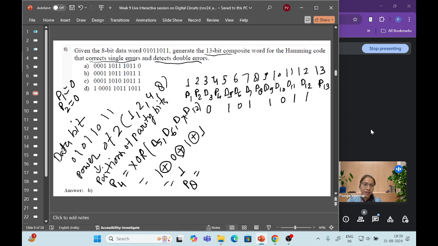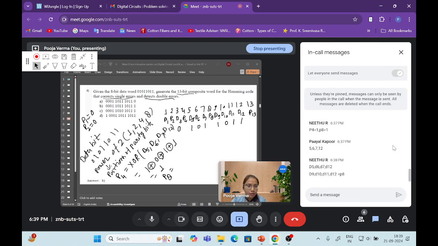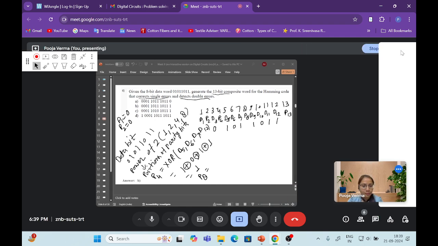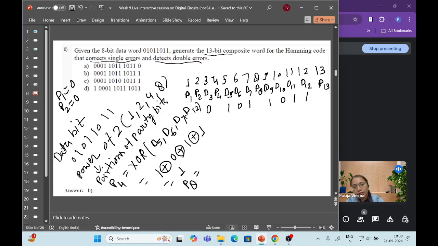So for P8, which positions we need to XOR? For P8, P8 is here. So after that we need to take D9, D10.